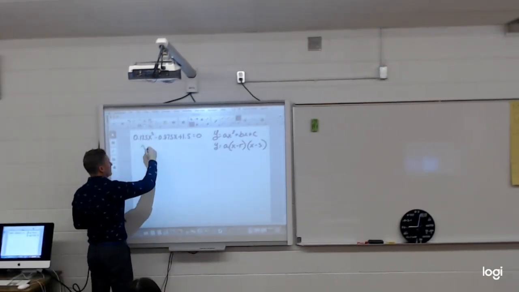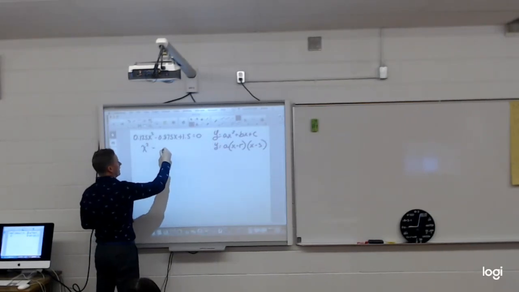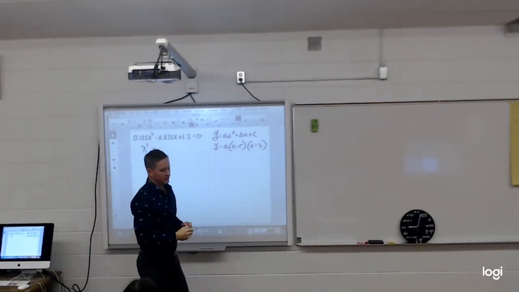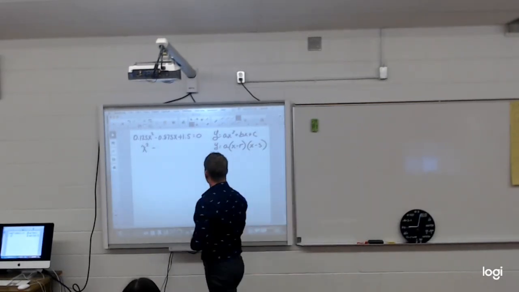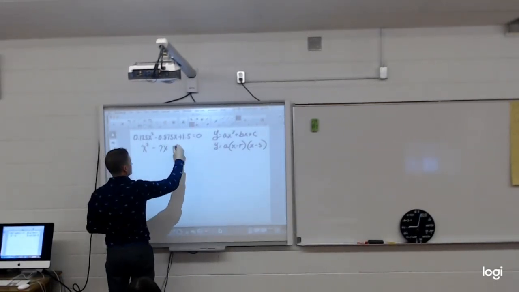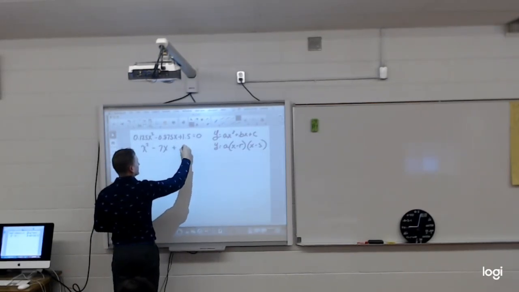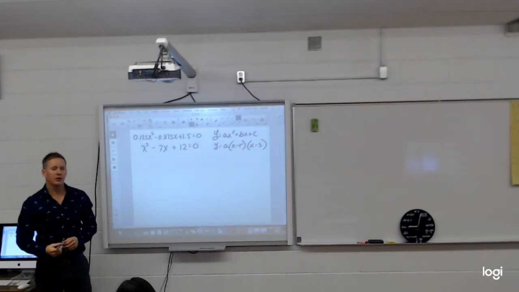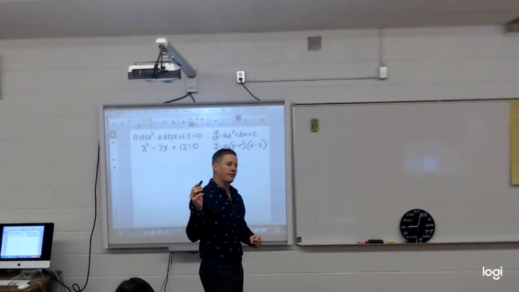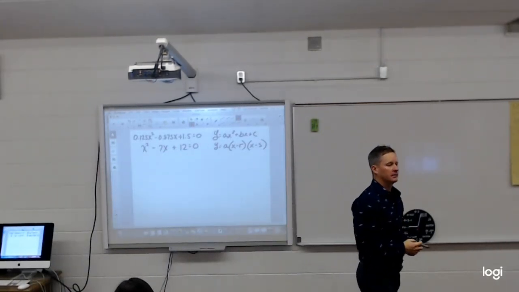That's going to leave me with x squared minus, is it 7? Yeah, thanks. 7x plus 12, which is equal to 0. So the first step in the process is to divide everything out by the a value.